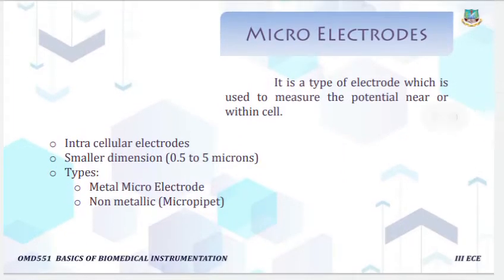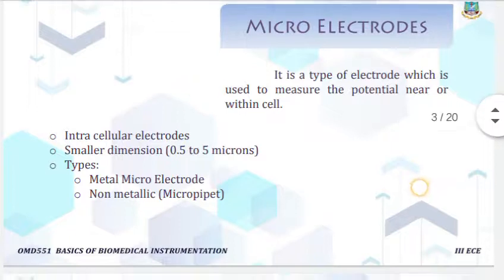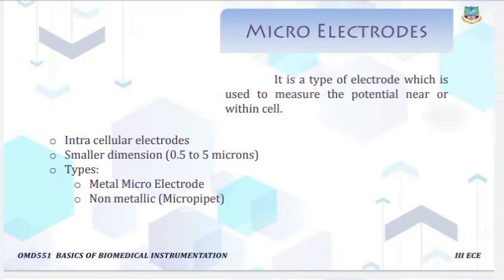What is a microelectrode? Microelectrodes are used to measure the bioelectric potential near or within a single cell. They are also called intracellular electrodes. Microelectrodes are divided into metallic and non-metallic electrodes.